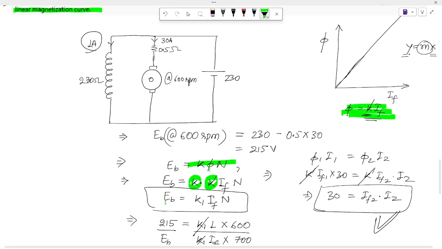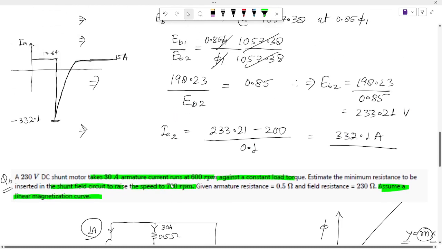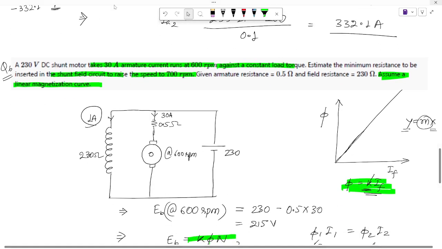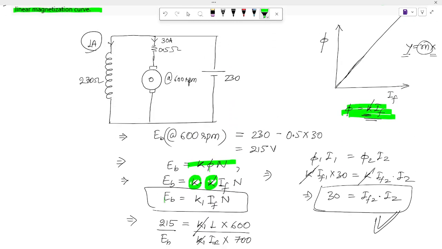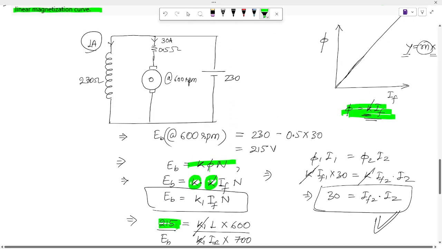So I have written Eb equals k1 IF into speed. Now they have already mentioned that they want speed at 700 rpm without change in load torque. So 215 was at 600.